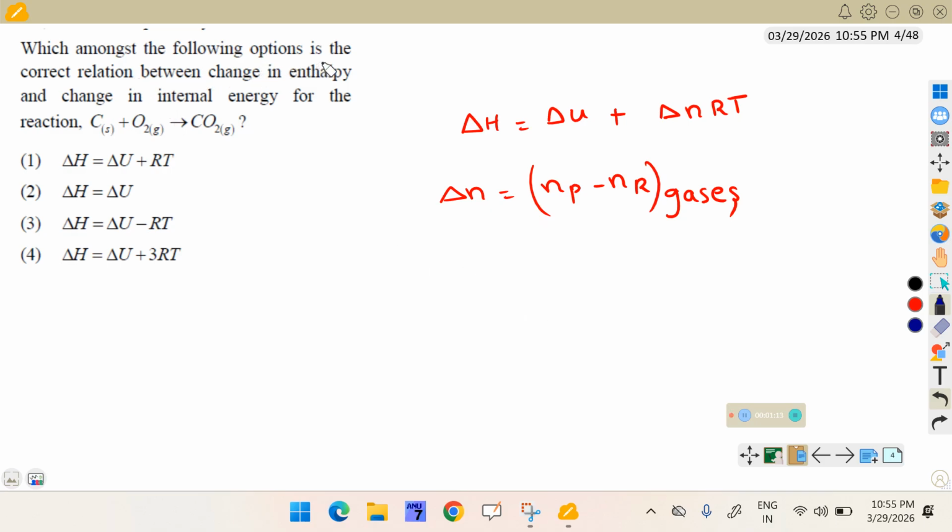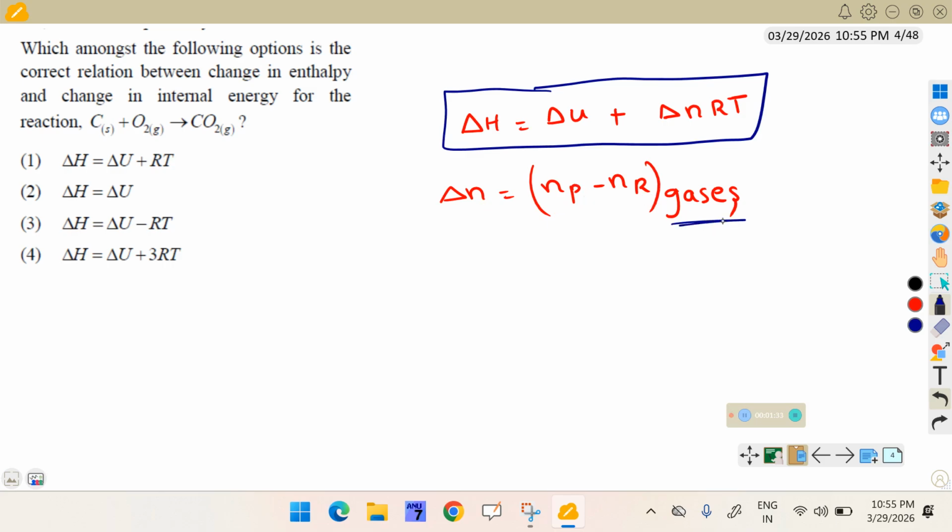Which among the following options is the correct relation between change in enthalpy and change in internal energy for the reaction? The relation between delta H and delta U is delta H is equal to delta U plus delta nRT. Delta n is equal to np minus nr. Consider only gaseous reactants and gaseous products.